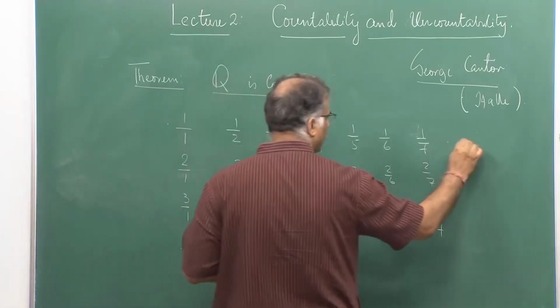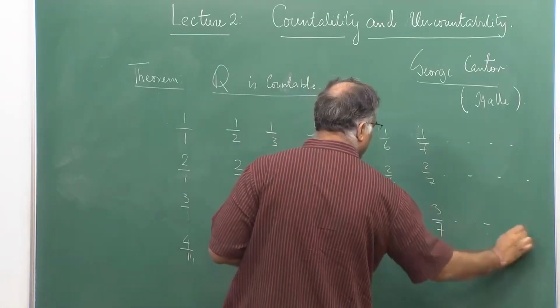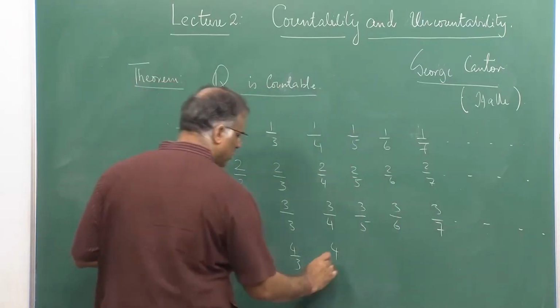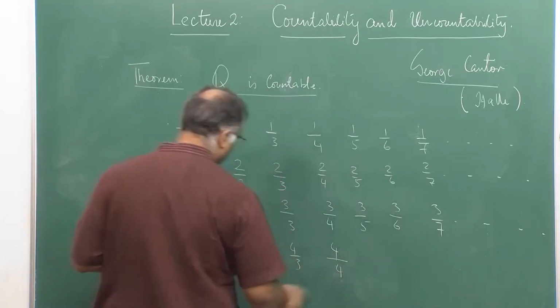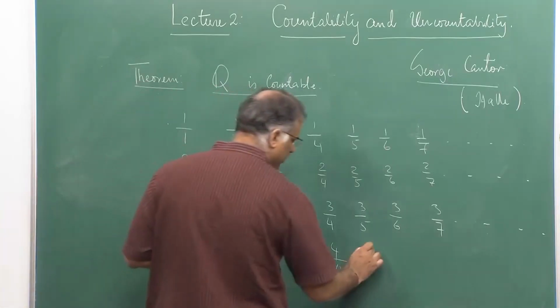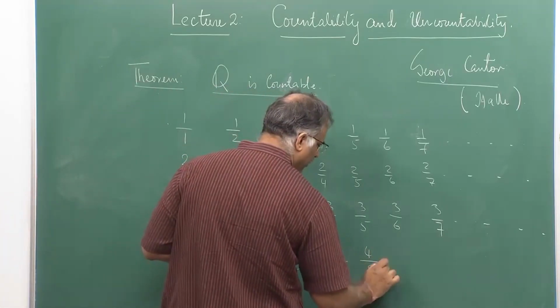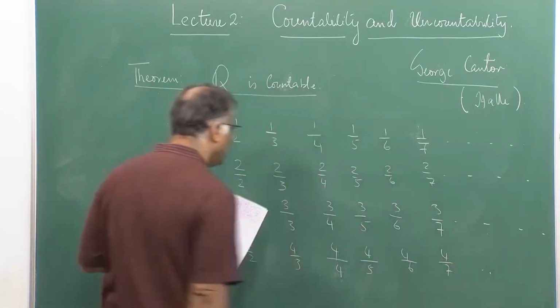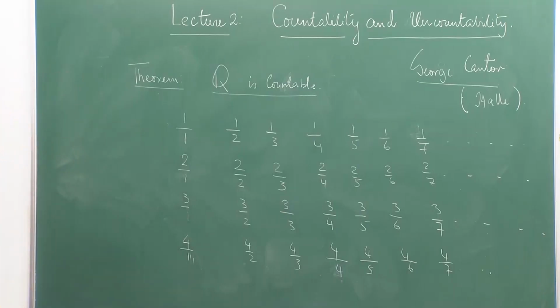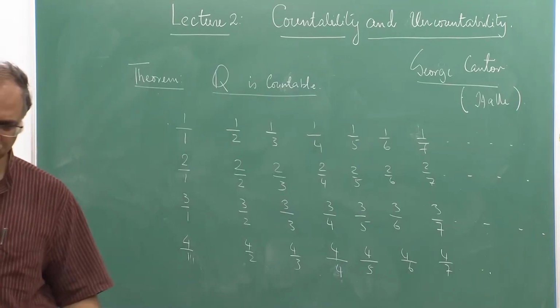So this is all dot dot dot. Ultimately it just goes on. 4 by 4, 1 is repeated, 2 is repeated here. 4 by 5, 4 by 6, 4 by 7 and so on. So let me see how I would start doing this job.